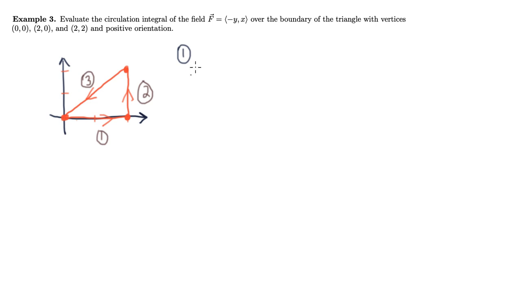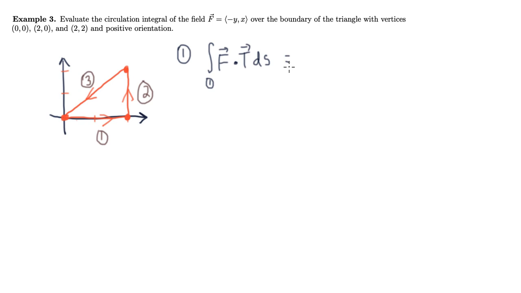We need to do the line integral over piece 1 of, okay, so we take the vector field and do the dot product with the tangent direction, ds.